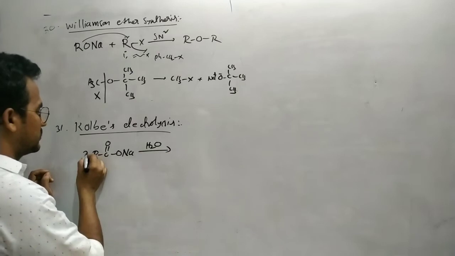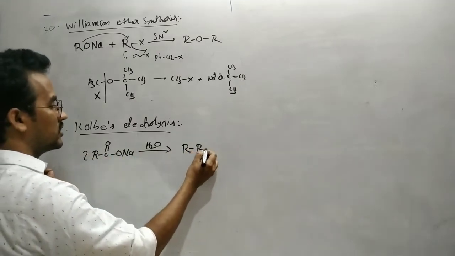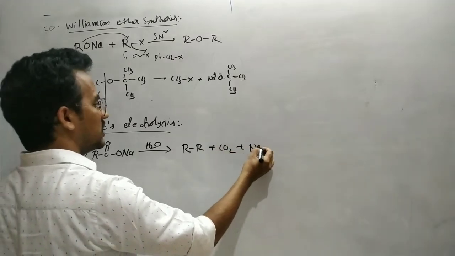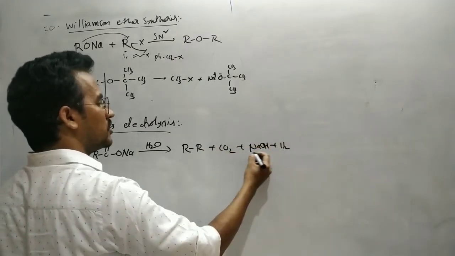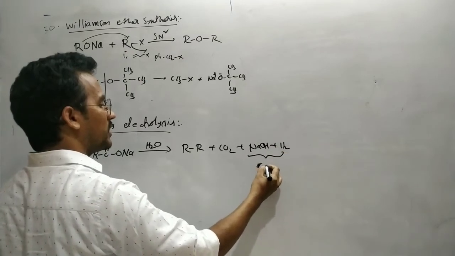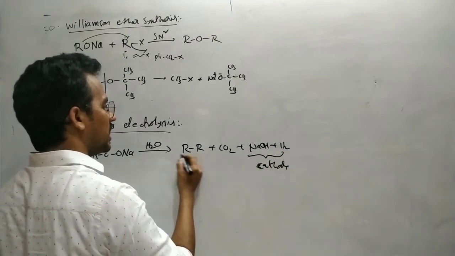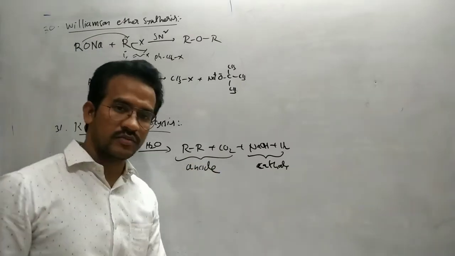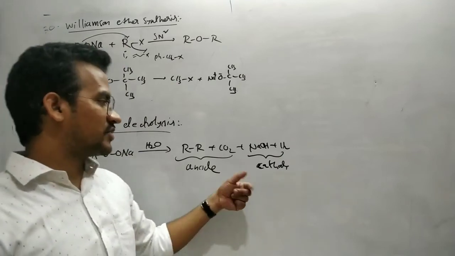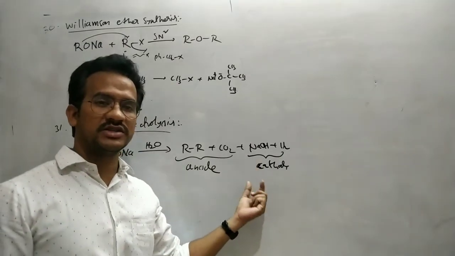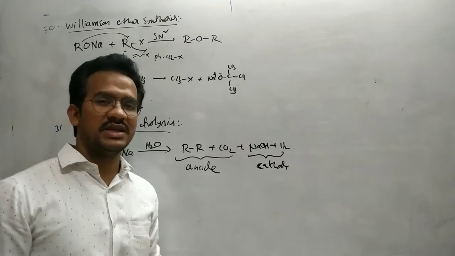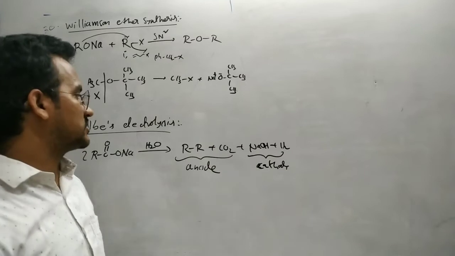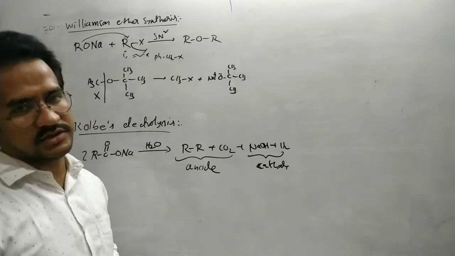On electrolysis, we get the alkane with double the number of carbon atoms plus CO2 plus NaOH and H2. NaOH and H2 are formed at the cathode, and the alkane and CO2 are formed at the anode. After completion of the reaction, the pH of the reaction medium increases because a base is formed as one of the products.